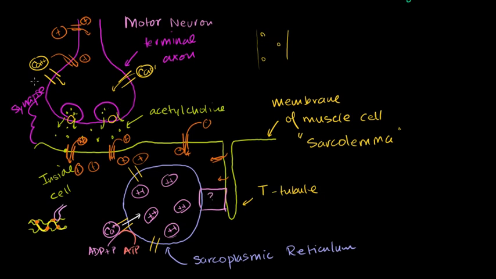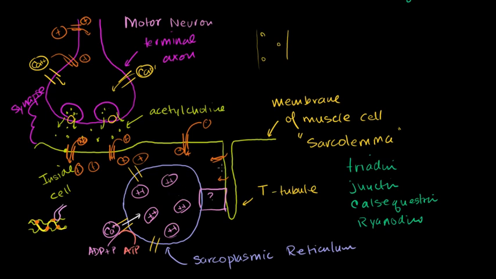People believe it involves the proteins triadin, junctin, calsequestrin, and ryanodine. They're somehow involved in a protein complex here that bridges between the T tubule and the sarcoplasmic reticulum.